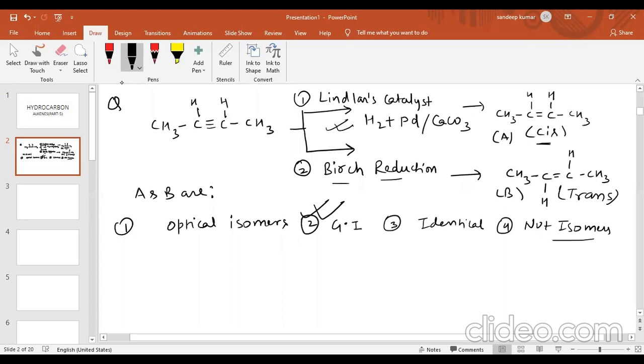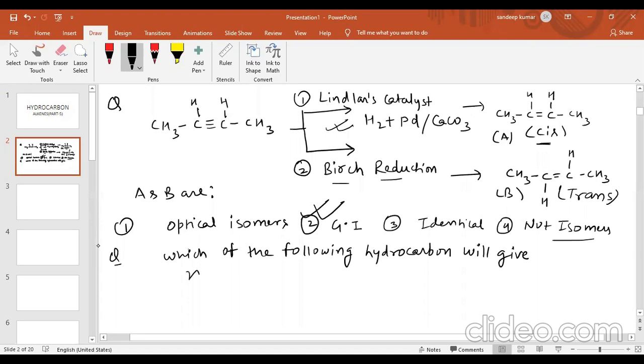Now see the next question. The question is, which of the following hydrocarbons will give a neutralization reaction with sodamide, NaNH2?